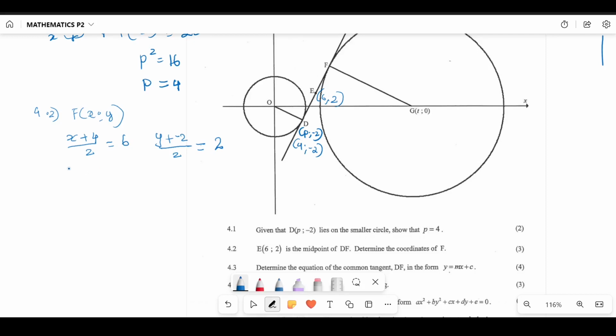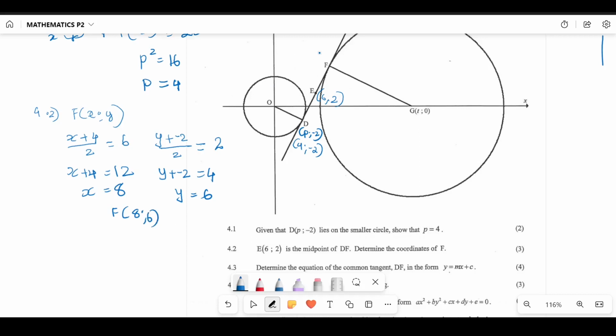So x plus 4 equals, cross multiplying, 2 times 6, 12. Therefore, x equals 12 minus 4, 8. Here y plus negative 2 equals 2 times 2, 4. Therefore, y equals 4 plus 2, 6. So the coordinate of F is (8, 6).